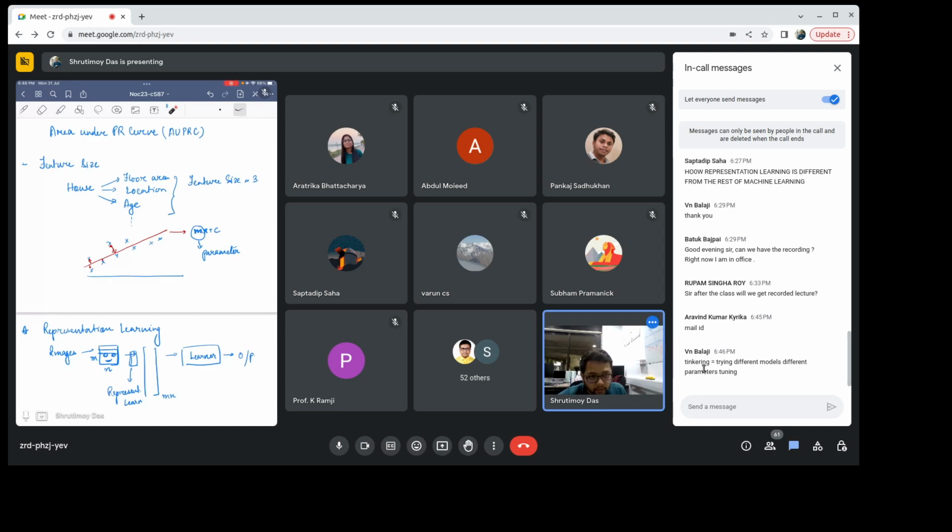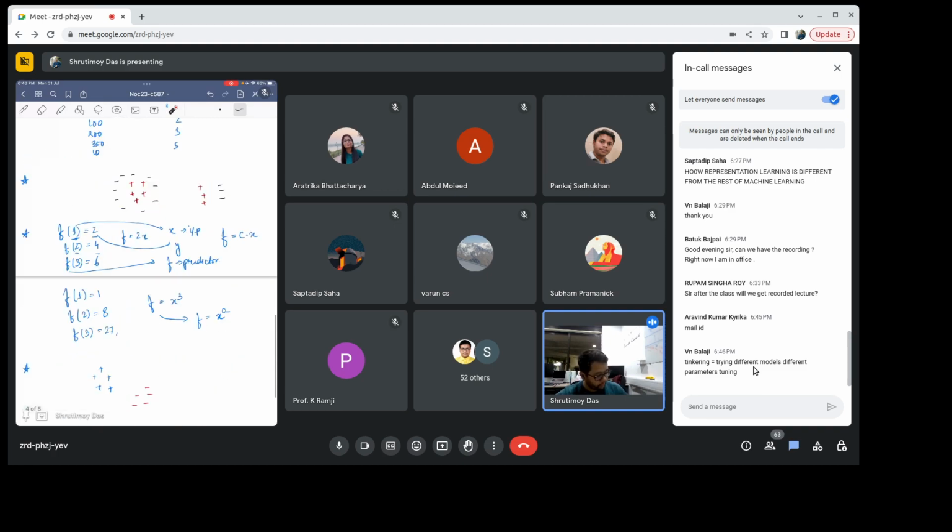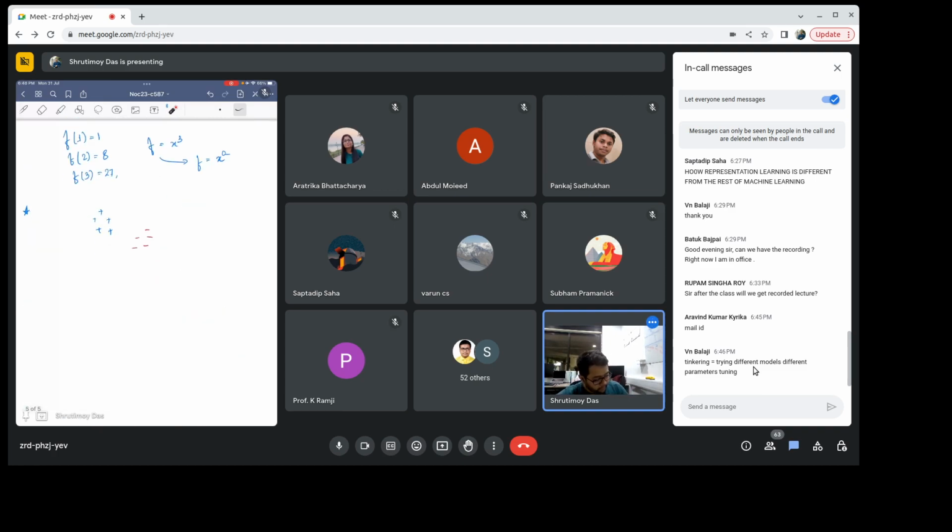Okay, Balaji, you're asking when should we stop tinkering. For that we have these validation sets. When we're training the model, suppose this is our training iterations. The training loss will decrease.